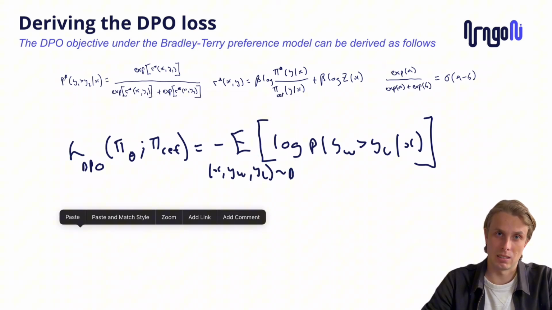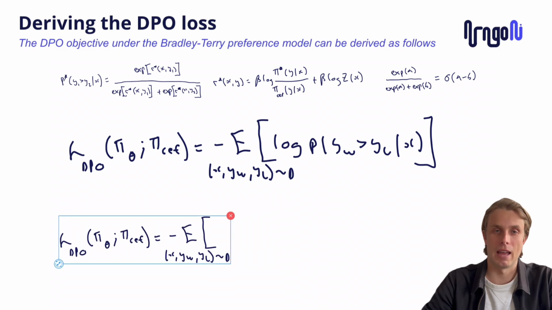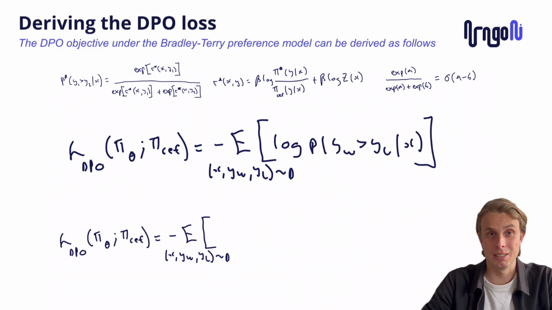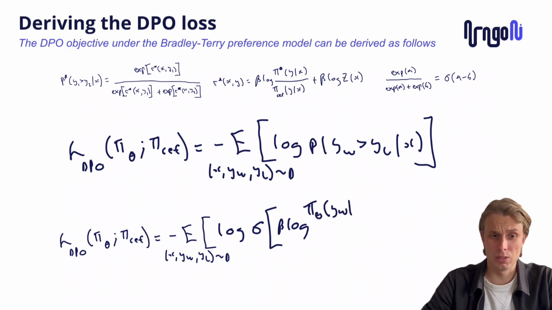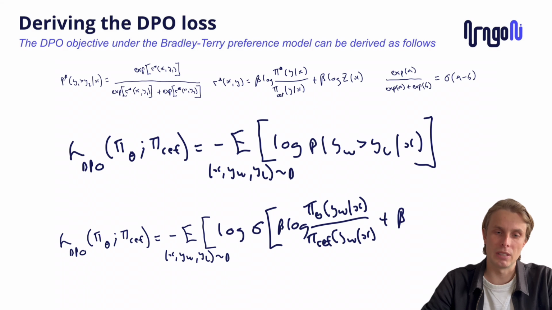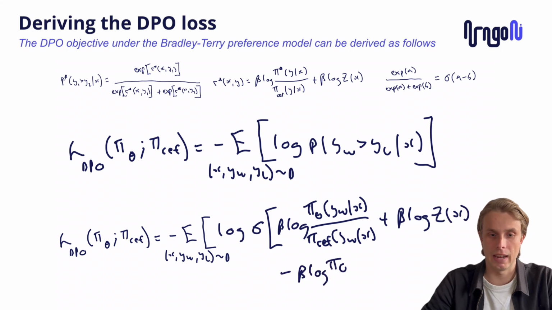We can now start substituting in information that we got from our preliminaries. Specifically, what we have for this preference distribution and what we have for the reward model R star. If we substitute in our work deriving the logistic function, and then using R star, we can replace this with A and B. What we're using here as well is our YW and our YL, so our winning and our losing.